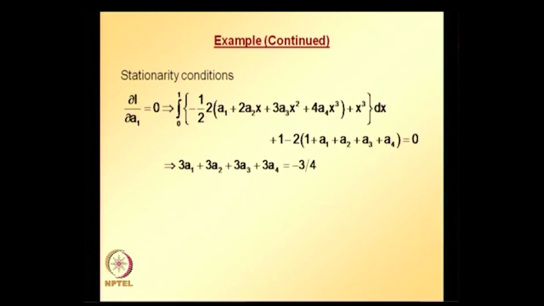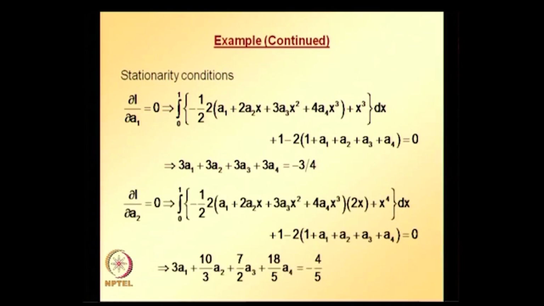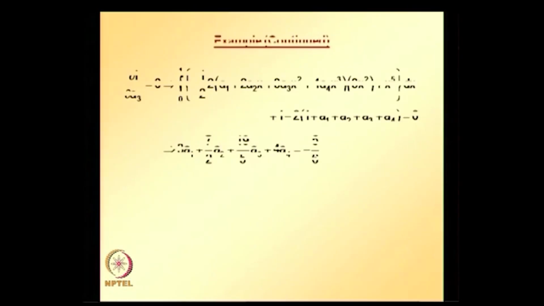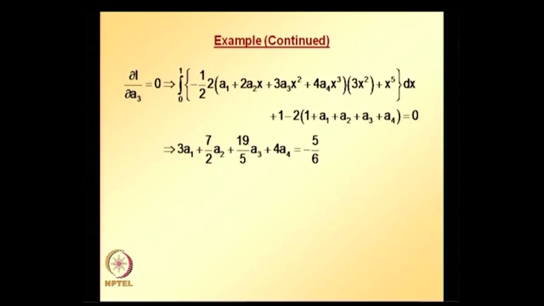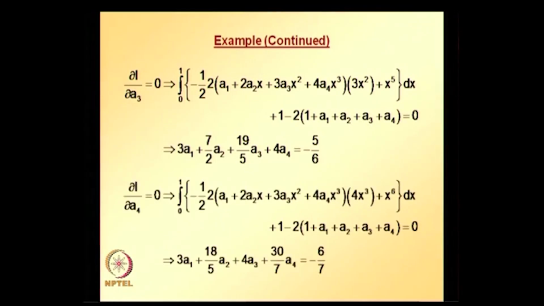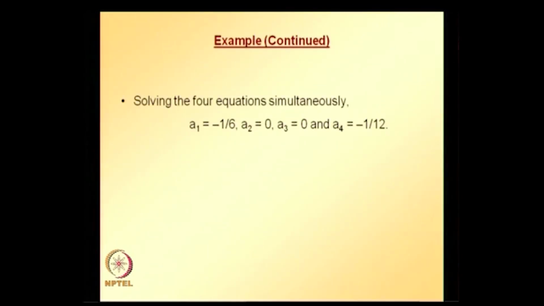Partial derivative of I with respect to a1 is equal to 0, you get one equation; partial derivative of I with respect to a2 is equal to 0, you get the other equation; and similarly you get 2 more equations, because we require in total 4 equations to solve for these 4 unknown coefficients. Then you can solve the 4 equations simultaneously to get a1, a2, a3, a4.